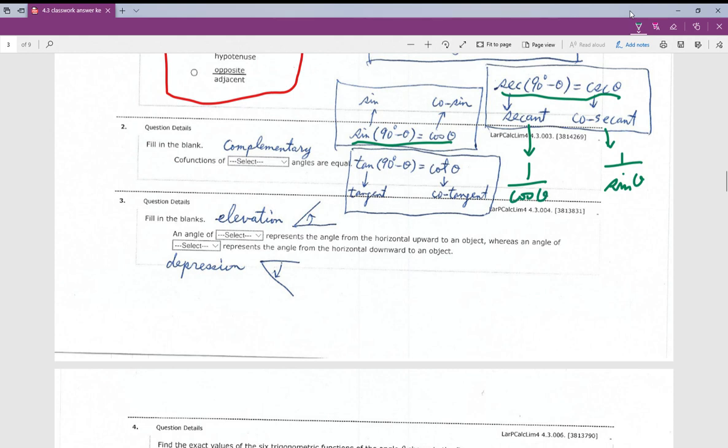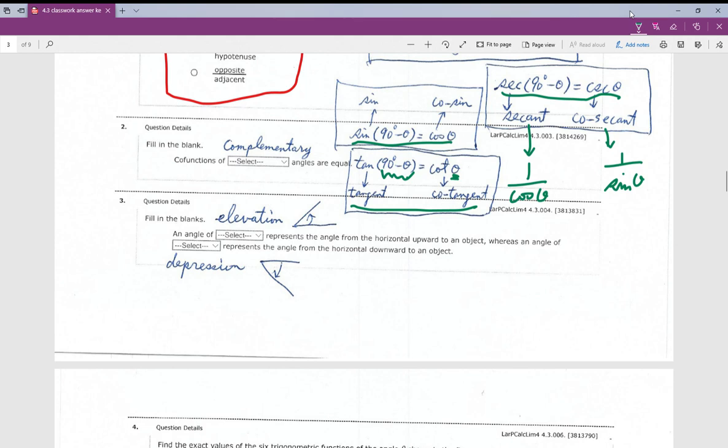Sine and cosine are co-functions. Therefore, secant and cosecant are co-functions as well. And tangent and cotangent are co-functions. So number 1 and number 2 are basically talking about complementary angles. Complementary means two angles that added together are 90 degrees. So that's number 1, number 2.